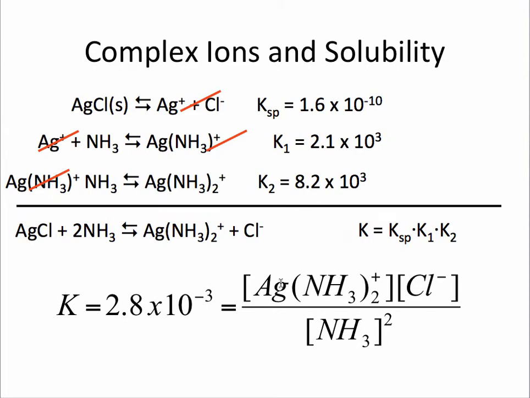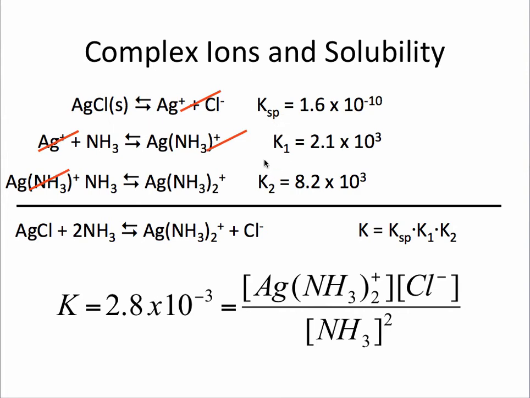In terms of how we get the K value for the formation of these things, if you think fundamentally, this example here using silver chloride and the diamine silver complex ion doesn't look a whole lot different than what we would do analytically for the copper hydroxide, where copper hydroxide would be our solid substance with a KSP value, and then a sequential process where the metal ion bonds with the ligand, in this case ammonia, to form the complex.